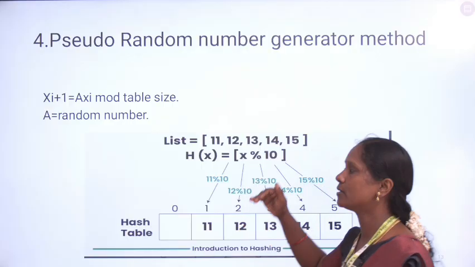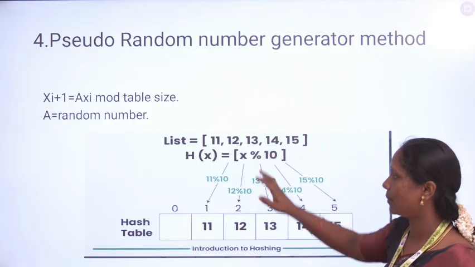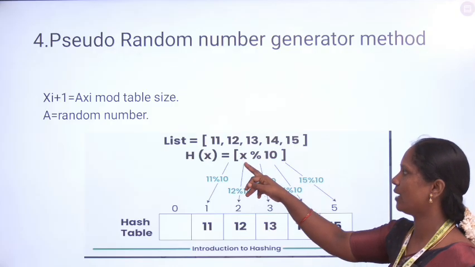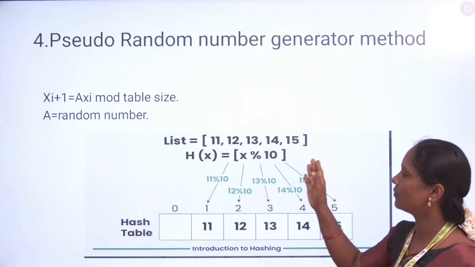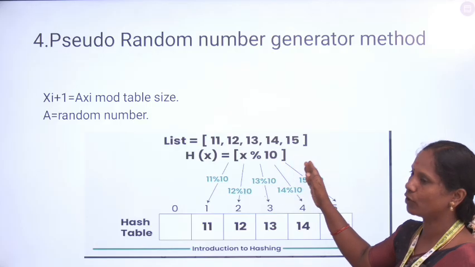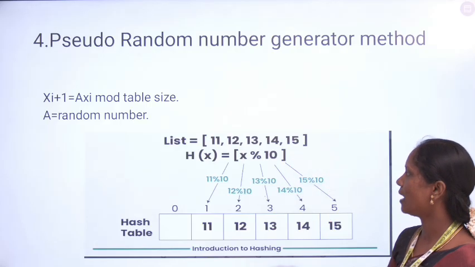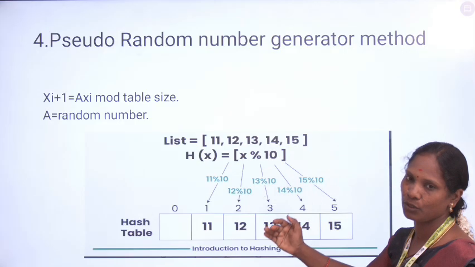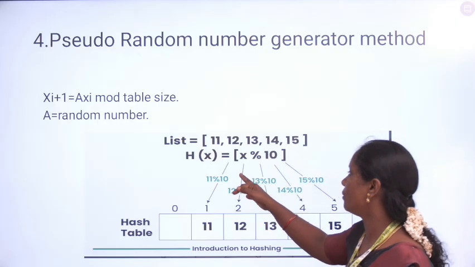With these two, we take some random numbers, called a list, written within square brackets, which is the array size. The list is 11, 12, 13, 14, 15. Next is our hash key value, which is any value divided by a number.